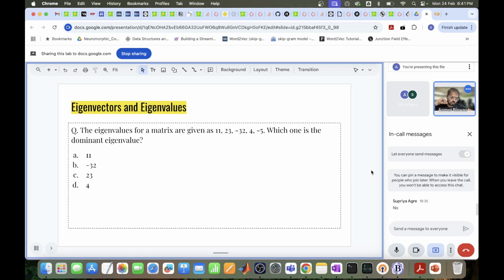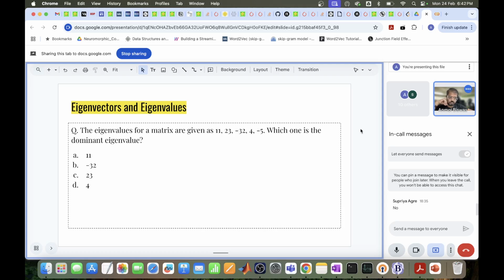So moving on from basis sets and matrix vector product basics, we are coming into something a little bit more directly related to deep learning, which is this idea of eigenvectors and eigenvalues.